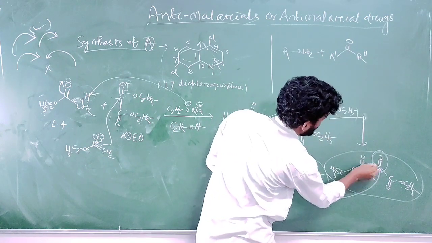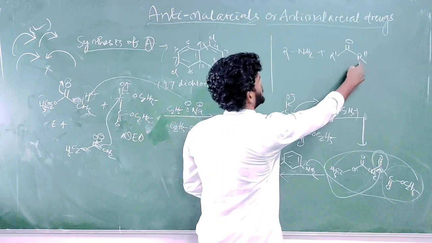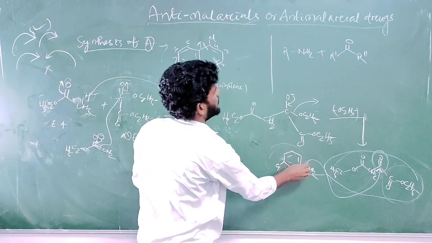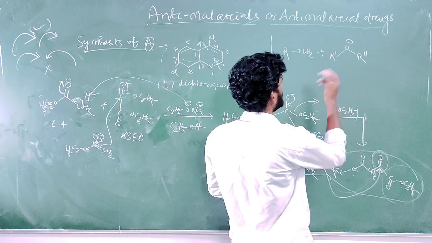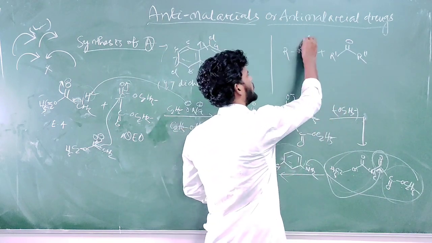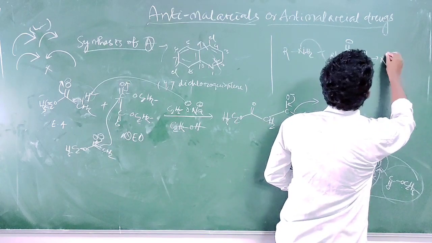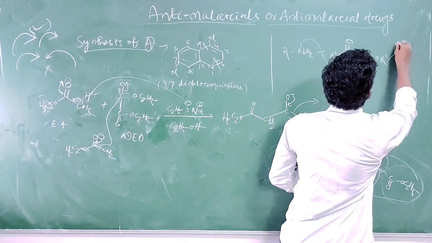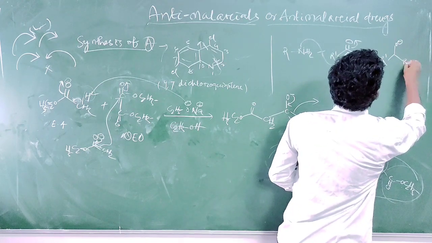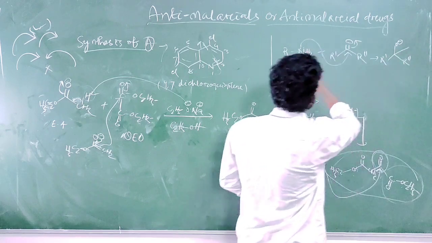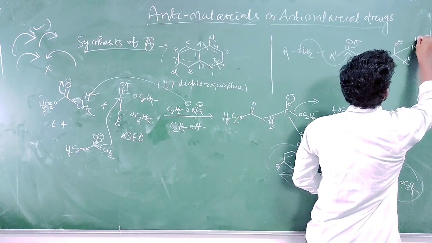This subpart I have taken as R', this subpart as R'', and this subpart as R. Okay, so what will the reaction mechanism be? The nitrogen lone pair will attach to this carbonyl center. What will it form? R' O, then this bond moves over to oxygen, O minus, then R'', then NH2R. Nitrogen donates its electrons.